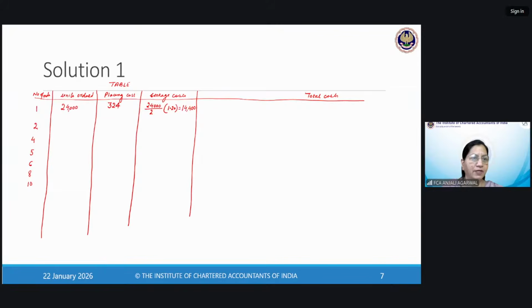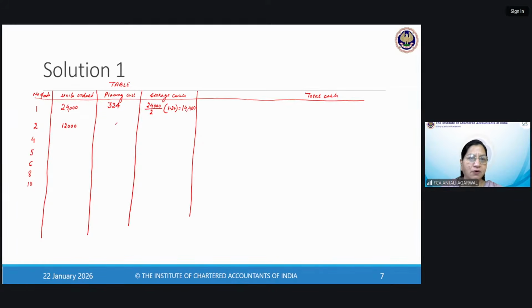Let us say I place two orders. If I place twice the order for 24,000 units, how many units am I going to order at a time? 12,000. So I'm going to place the order two times.